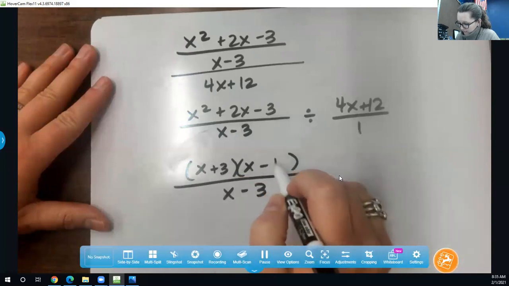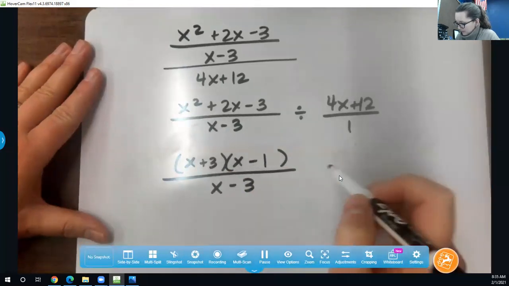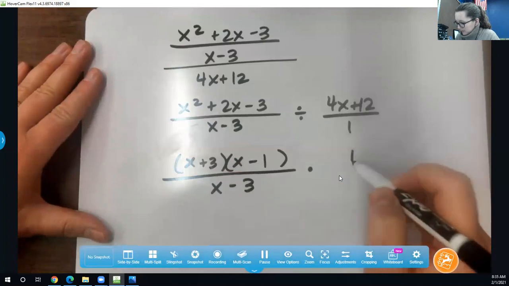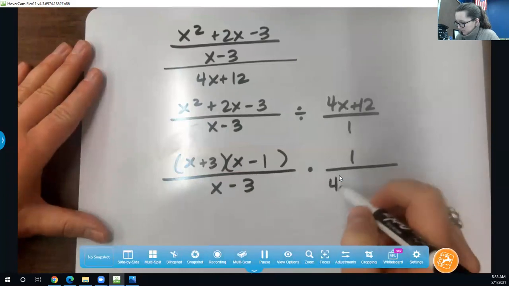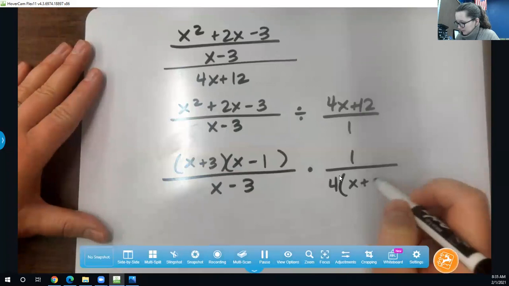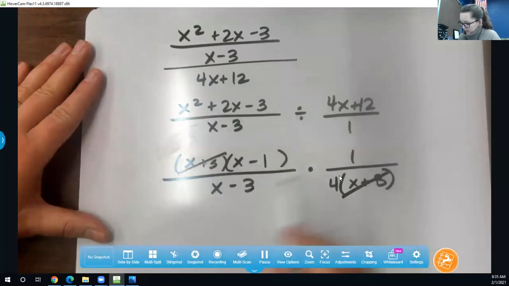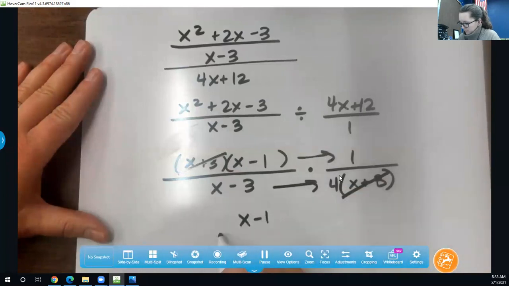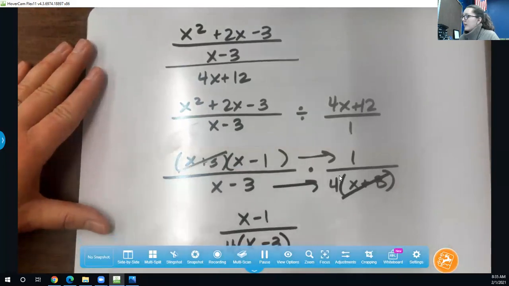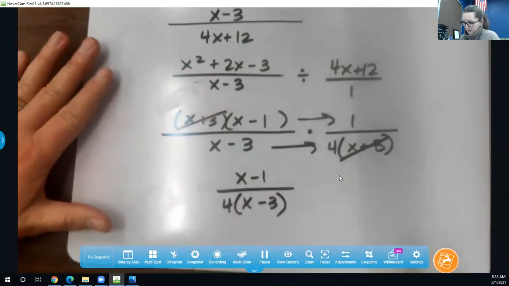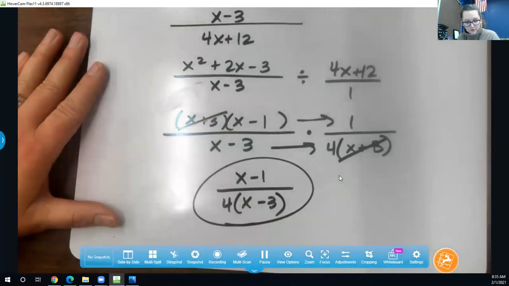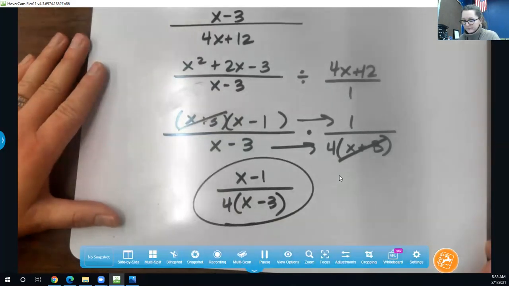I think that works. Times the reciprocal, remember? So I'm going to take out a 4 here, and so this is an x plus 3. Okay, not too bad. We can cancel these here. So in the numerator, multiply straight across, we have an x minus 1. Denominator, we have 4x minus 3. Go ahead and leave it like that. You don't have to multiply that 4 out. And that should be your simplified form.